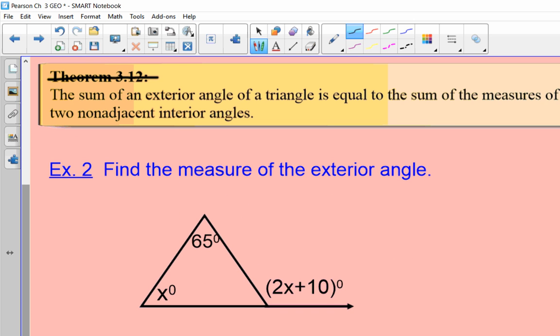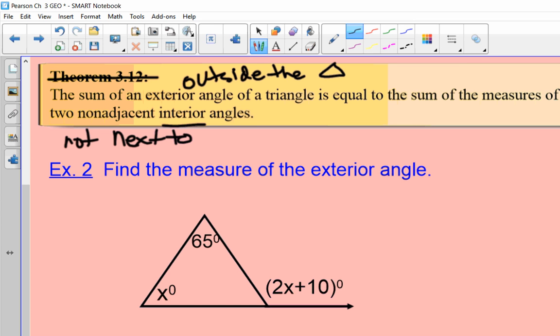The sum of an exterior angle, so it's an angle outside the triangle, of a triangle is equal to the sum of the measures of the 2 non-adjacent interior angles. So non-adjacent in this case means not next to.